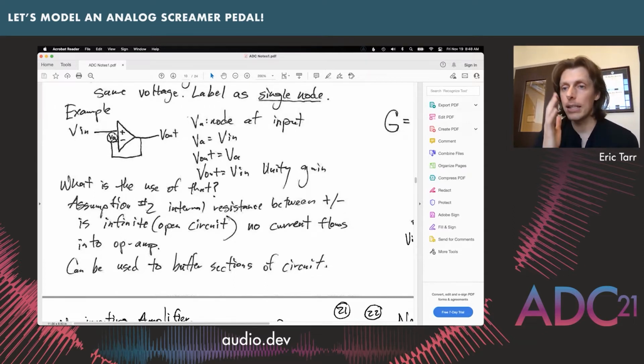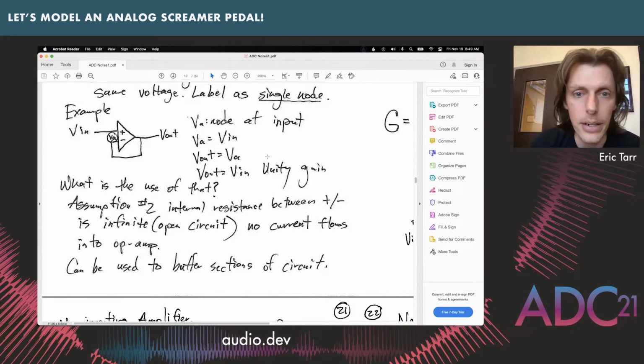So it basically stops the flow of current through that section of our circuit. The current is allowed to flow around the op amp, but none of the current is allowed to flow into the op amp, so no current flows from the positive terminal over to the negative terminal. Just another really important thing to have there.